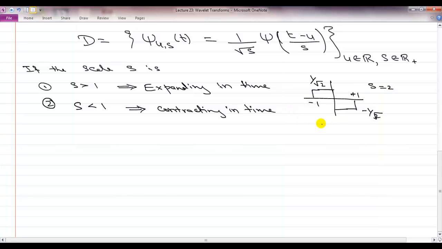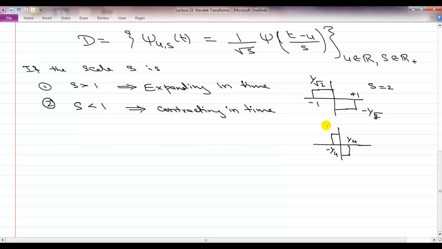Similarly, I can contract it by using, say, s equal to 1/2. If I do s equal to 1/2, then this will become minus 1/4 and 1/4. Okay.